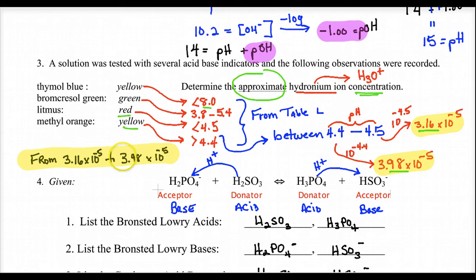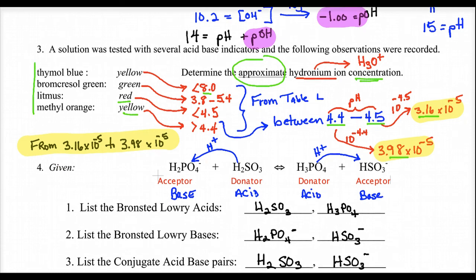I basically said that you could give me any answer in between here, because the pH gets narrowed down by these colors, by these indicators, between 4.4 and 4.5. I did 10 to the negative 4.4 to get this number, 10 to the negative 4.5 to get this number, and this was the range that I accepted. The rest of this was very simple.